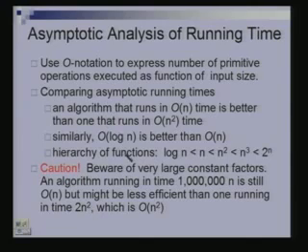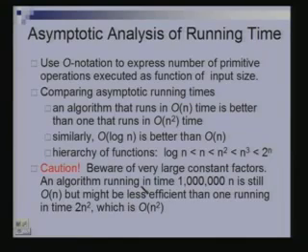So from what I have said before, you would say that the one with the linear running time is better than this. It is true, but in the limit, and the limit here is achieved very late, when n is really, really large. For small instances, this 2n square might actually take less time than your 1 million times n. So you have to be careful about the constants also.